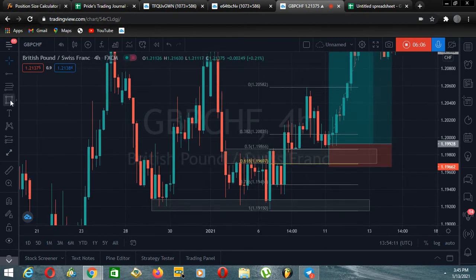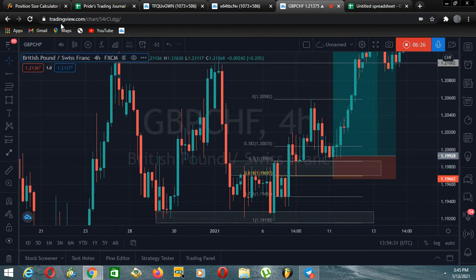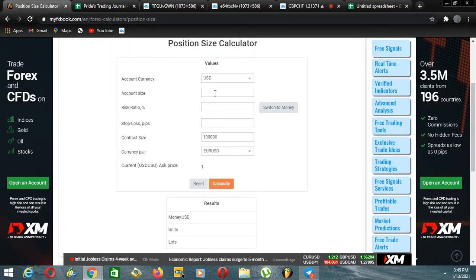At exactly the same time you have your trade entered, you should calculate how much your risk is, how many pips you're willing to risk. So here this is where we entered, and this is where we had our stop loss, and then we made 27 pips. If you're trading a USD account, say a $100,000 account, even rands, but there's no option for rands here, you could go here and type 100,000, then your risk percentage.